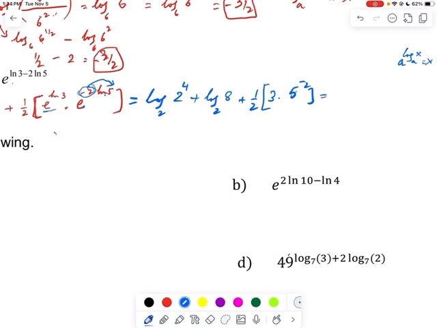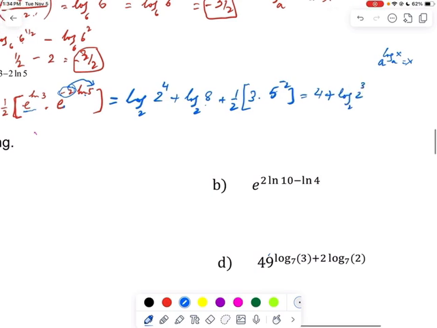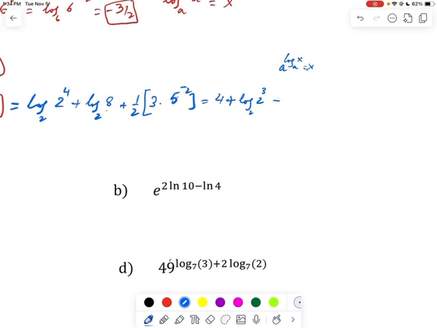So we end up getting from the first term 4, and from the second term, 8 can be written as 2 cubed, plus 1/2. So this becomes 3 into 1/25.